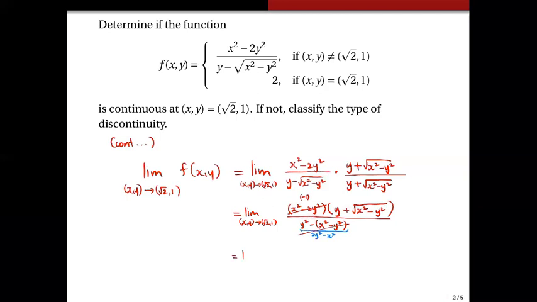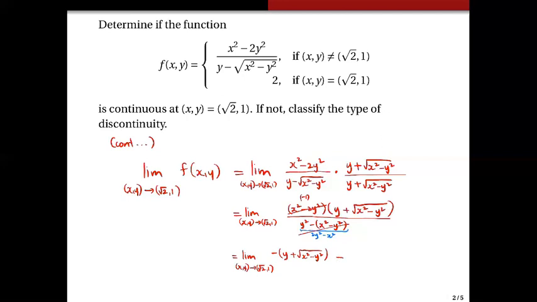So the expression simplifies to negative of y plus square root of x squared minus y squared, as the point x y approaches square root of 2 comma 1.